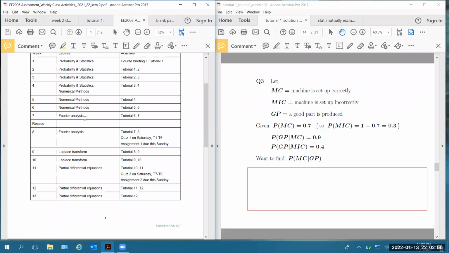Then how about Fourier analysis? You may find Fourier analysis a bit difficult if you are not so good in integration, because Fourier analysis uses a lot of integration. If you are not so good at integrating sine and cosine, and after integration putting in the limits and manipulating the terms, then you will make mistakes.